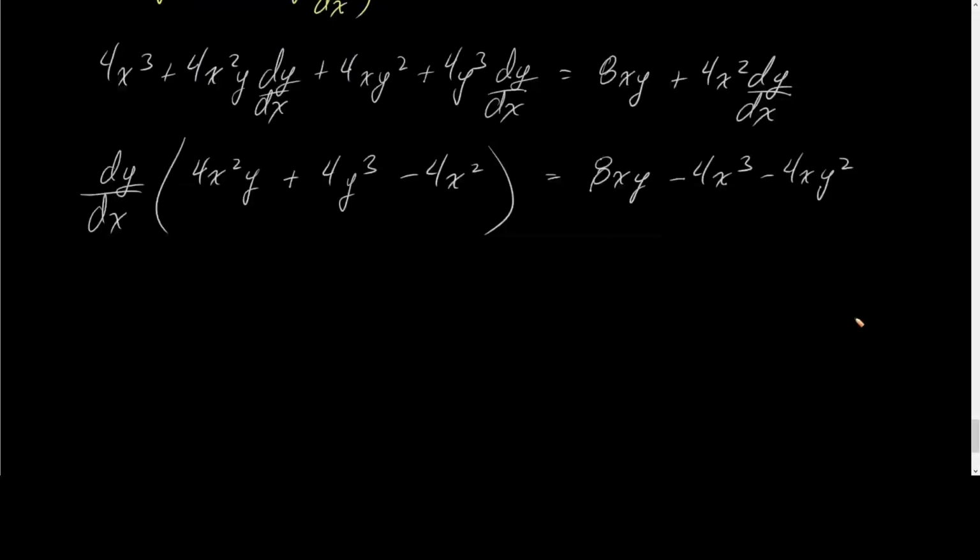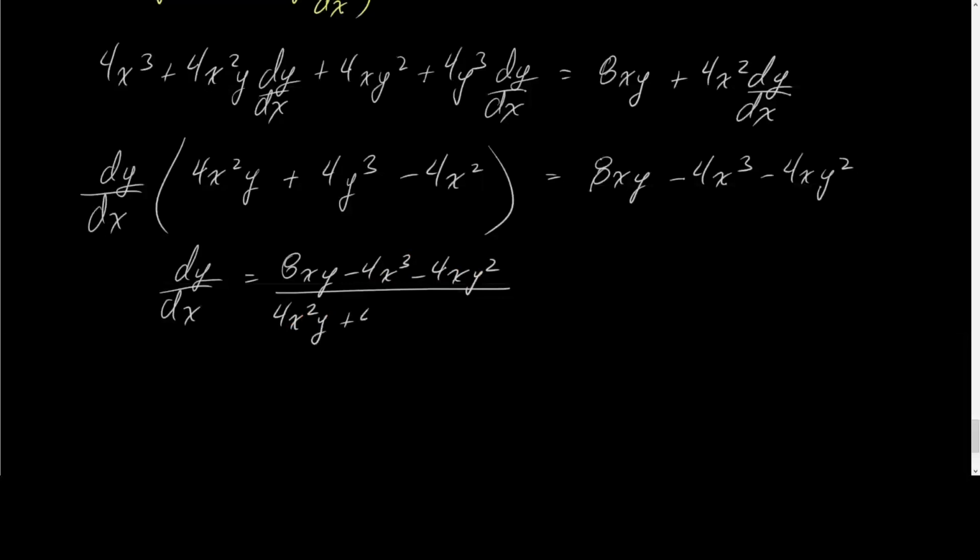At that point, that gives me dy dx is equal to 8xy minus 4x cubed minus 4xy squared over 4x squared y plus 4y cubed minus 4x squared.